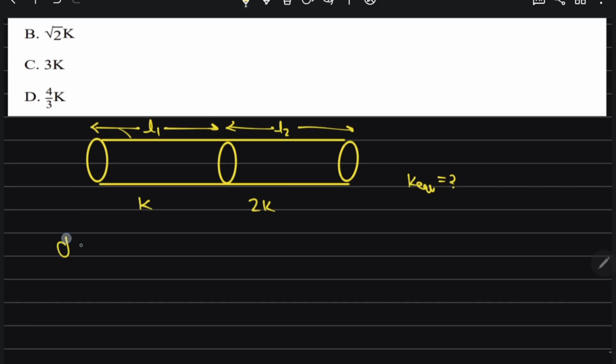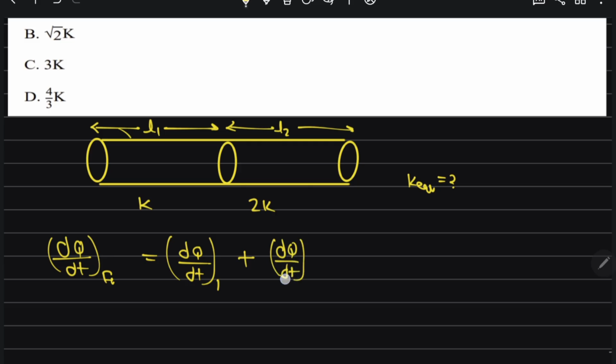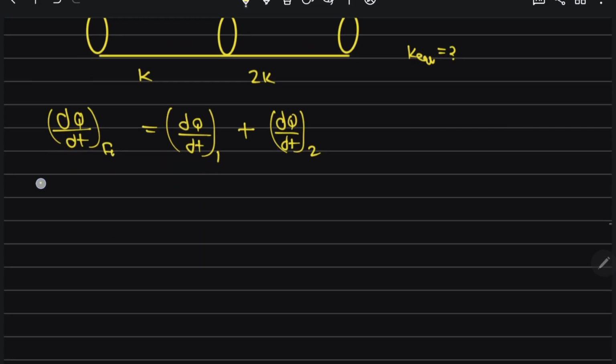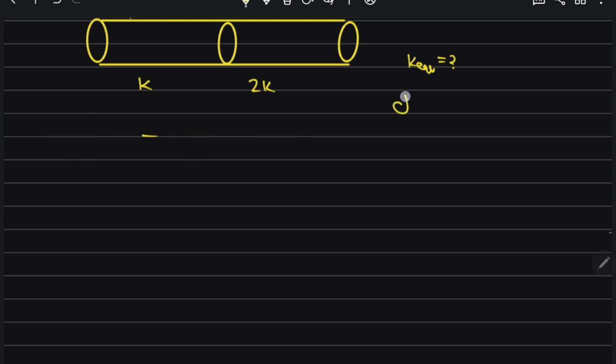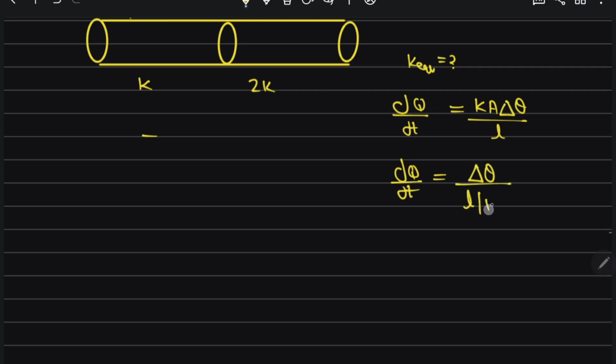We need to know that the rate of flow of heat for the equivalent is equal to the rate of flow of heat for the first and for the second. Let me revise the concept. dQ by dt is equal to KA delta theta by L, so dQ by dt is equal to delta theta divided by L upon KA.